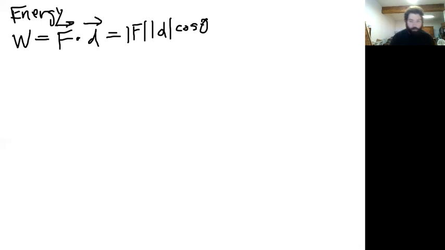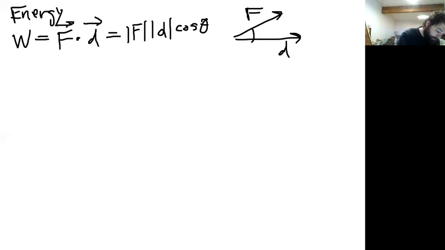Okay, so what this is going to look like here is if I have two vectors, one vector for displacement, one vector for force, and then I have the angle theta there.